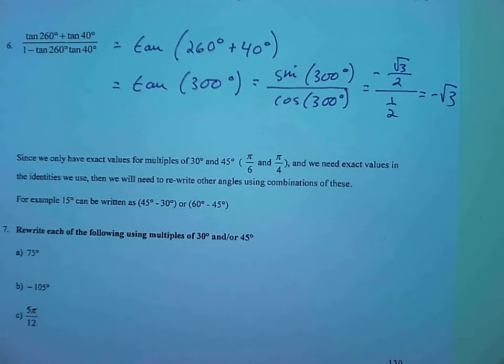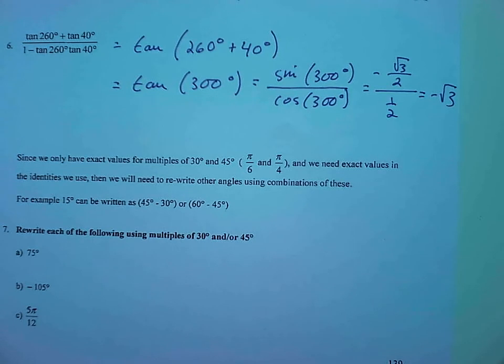It says, since we only have exact values for multiples of 30 degrees and 45 degrees, meaning in the unit circle, or pi over 6 and pi over 4 if we're dealing in radians, just in terms of pi rather.